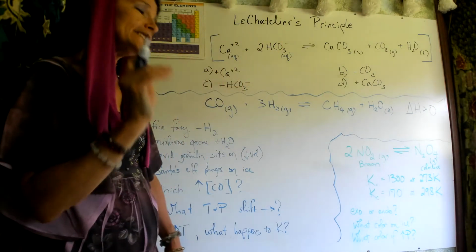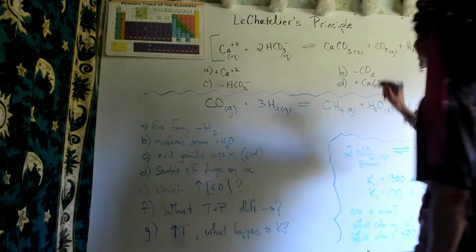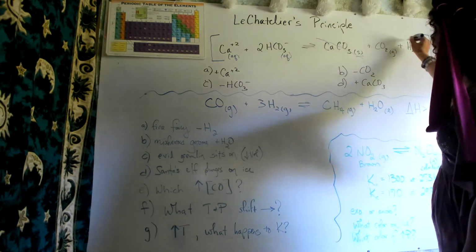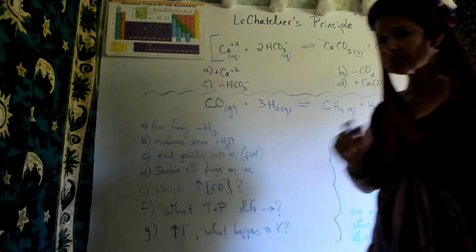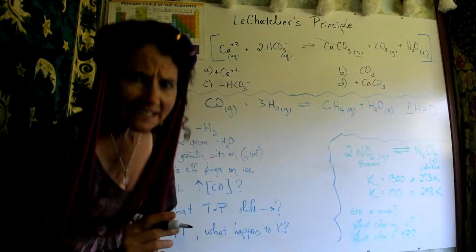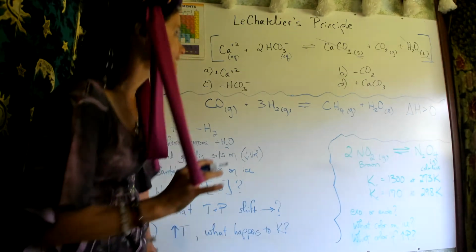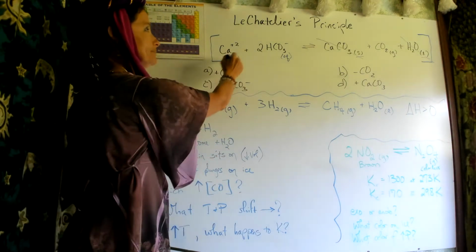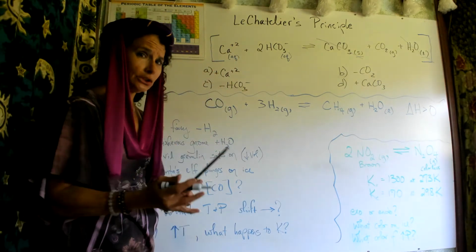So something that can help is if you see a solid or a liquid, something I mentioned yesterday, whenever you see those, just put a light line through them, because it means they're not going to have an influence on our equilibrium.